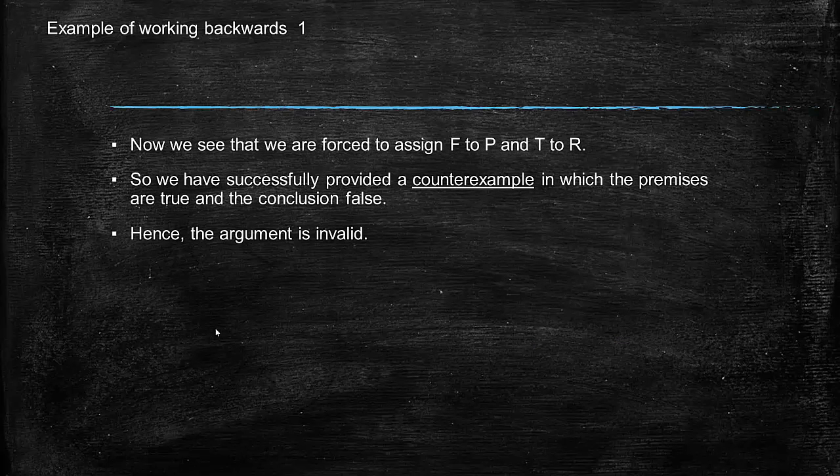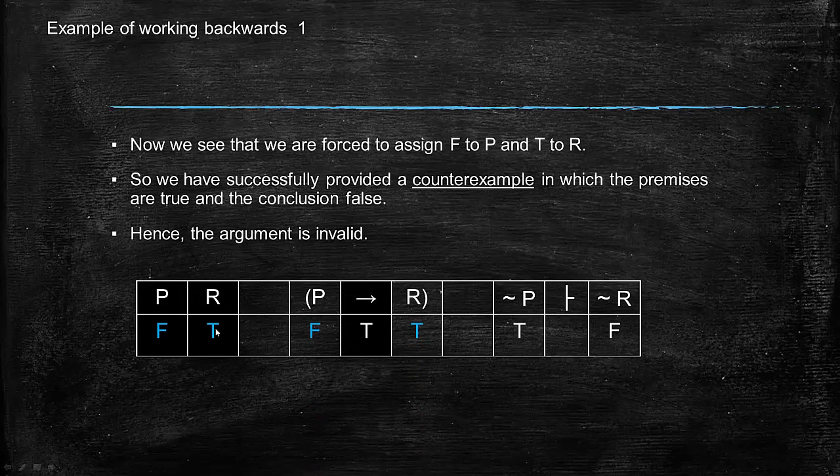So of course you'll notice that since not P is true, P has to be false, and since not R is false, then R has to be true. And then you just check and see, well, we're done at this point, but we need to check and say, is this okay? If you have a conditional, is it possible for the conditional to be true under this assignment? And the answer is yes. So as a result, we've supplied a counterexample, which means that this argument is in fact invalid.